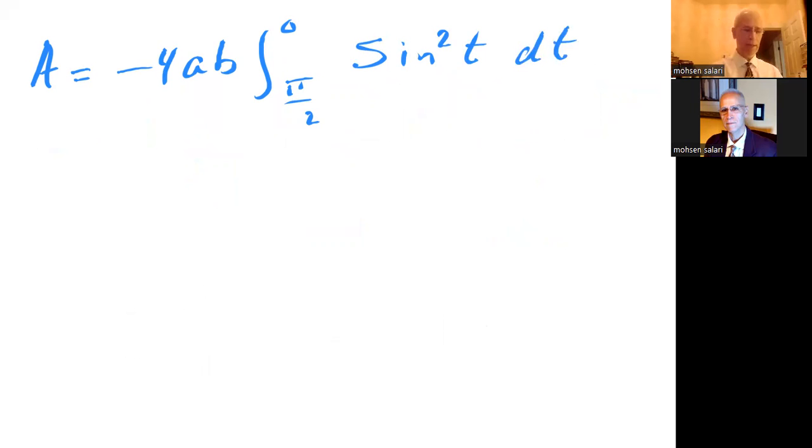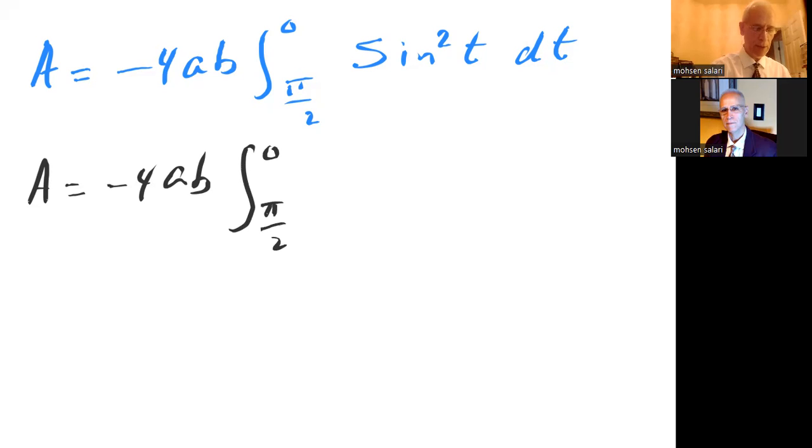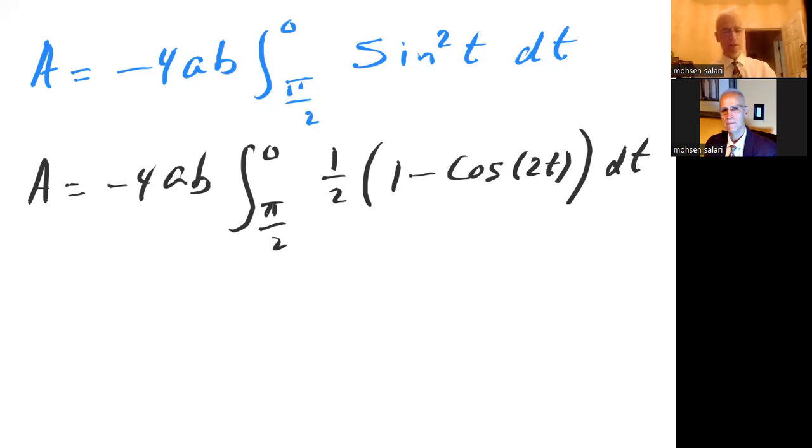Now I'm going to use my reduction formula. So area equals minus 4ab from pi over 2 to 0 of 1/2 times 1 minus cosine of 2t dt. I'm going to take the 1/2 out.